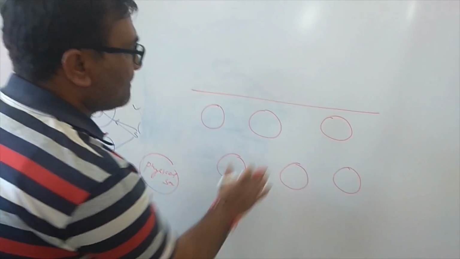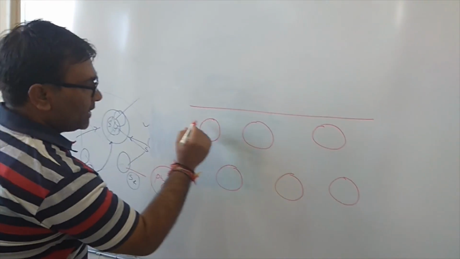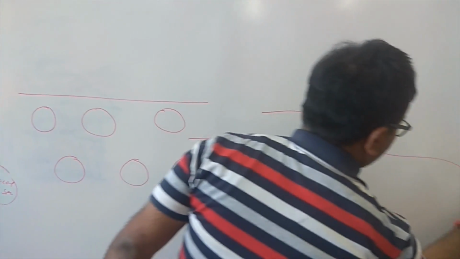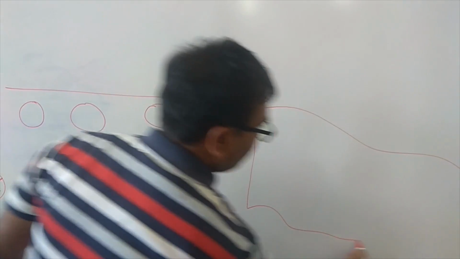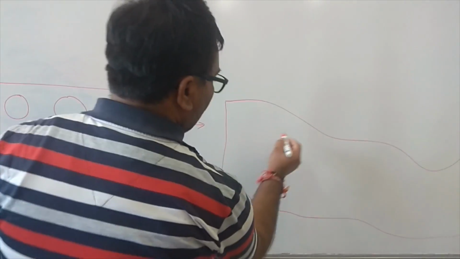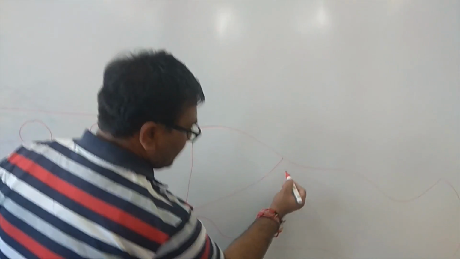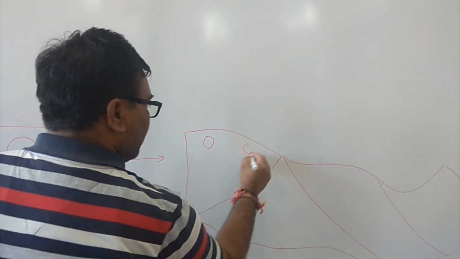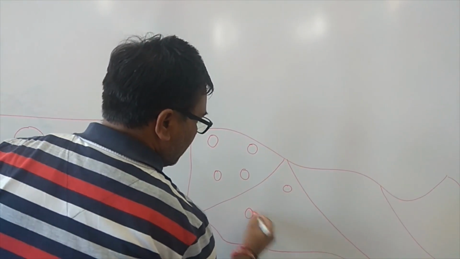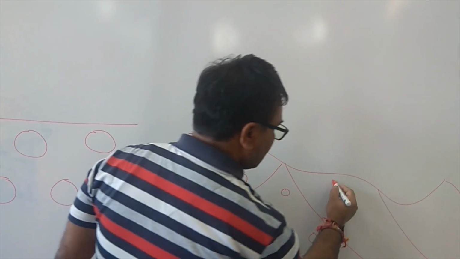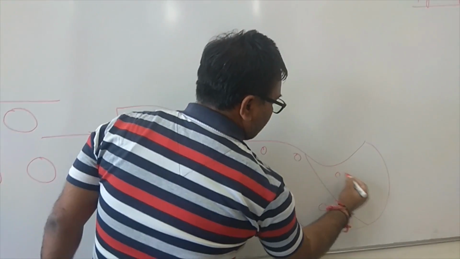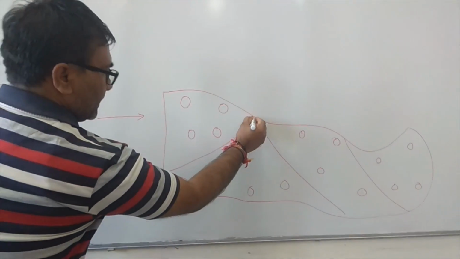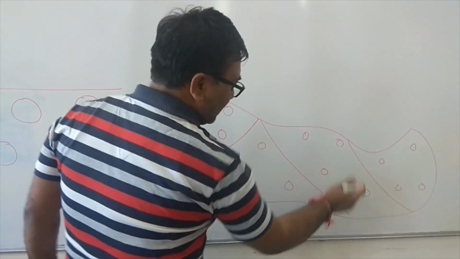But after this, let us assume the area is a hilly area, and one type of sensor is deployed here, another type here, and another here, maybe more than this. So there are different parts of the hilly area: upper part, middle part, lower part.